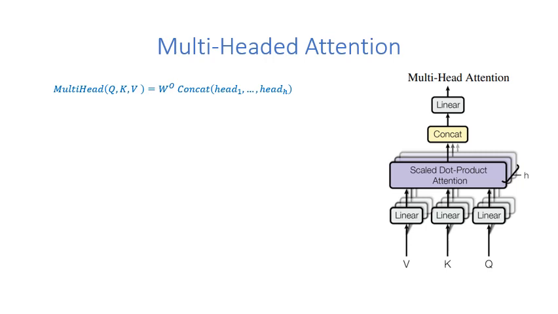Okay. So I have to add something to what I just said. I told you that we have a self-attention layer, and then we have a feed-forward layer. Now I want to add that this self-attention here is not only one self-attention, there are many, okay?